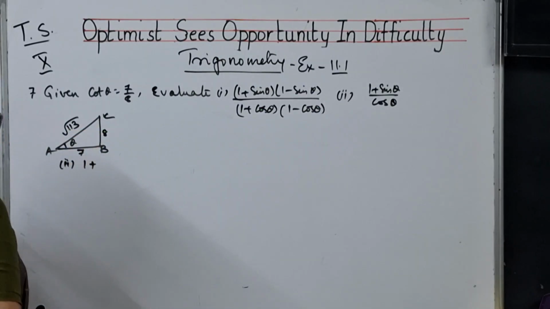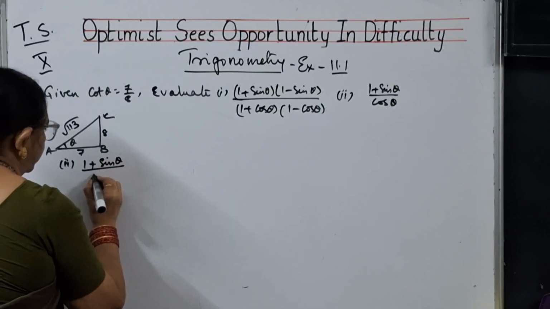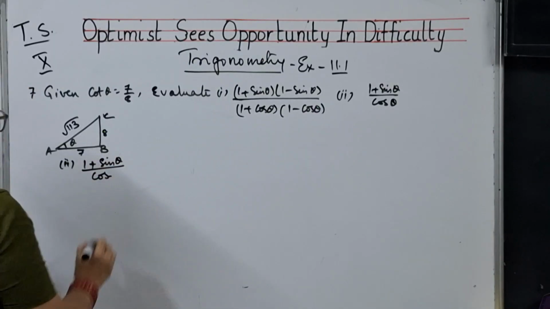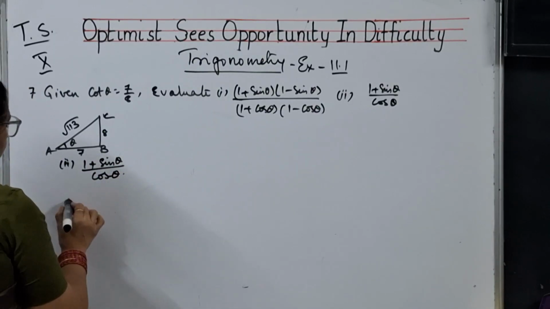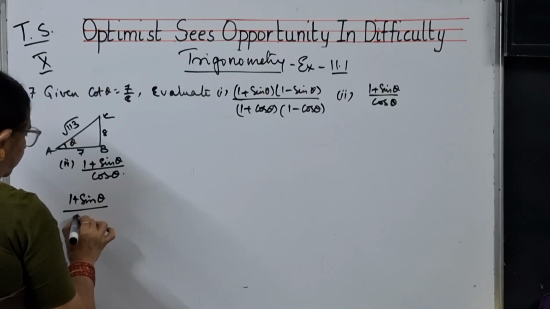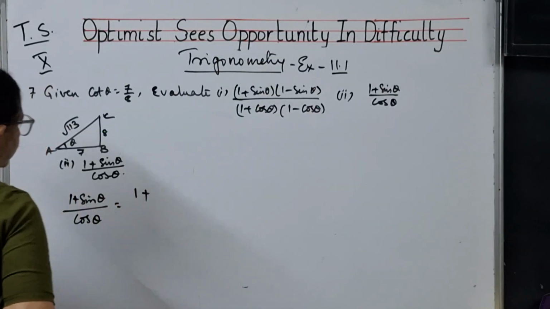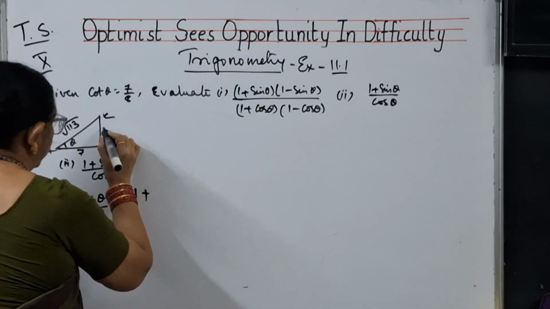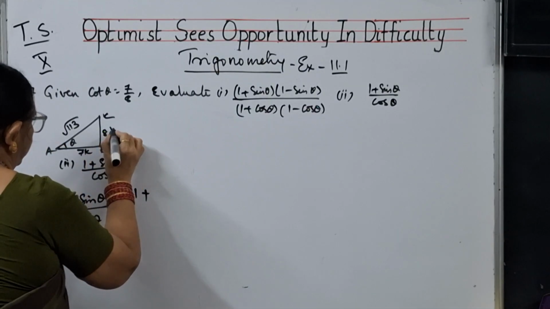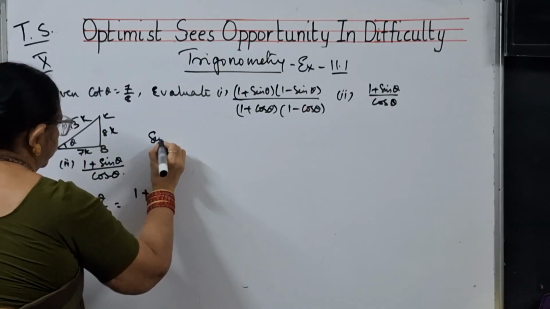You have already got it, I have explained. So 1 plus sine theta by cos theta. So what is 1 plus sine theta? 1 plus sine theta by cos theta is equal to 1 plus sine theta, we have done k here. So sine theta is how much we can take?